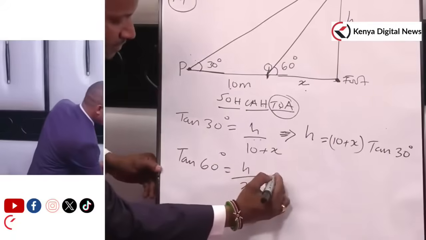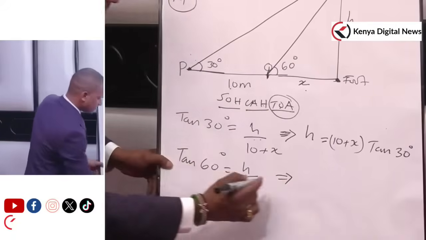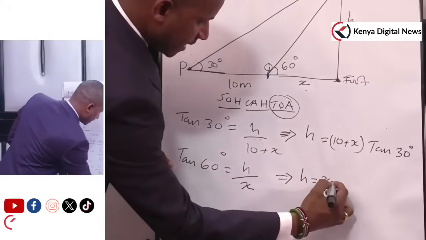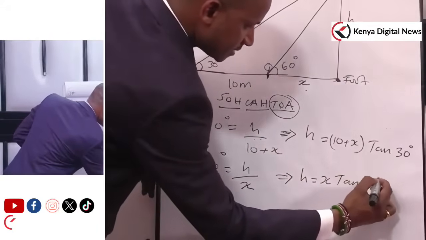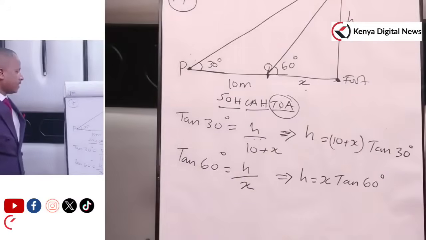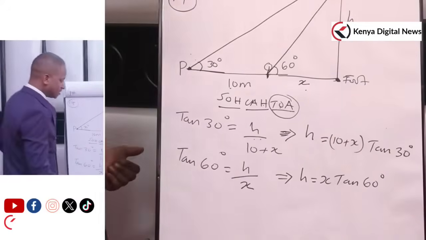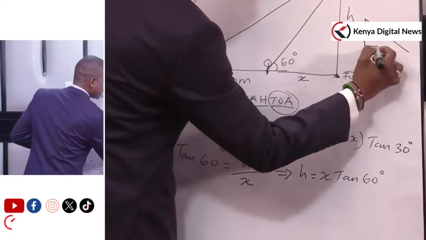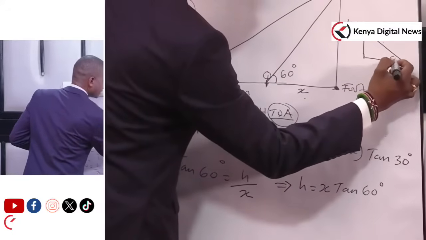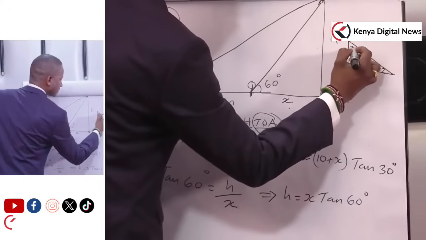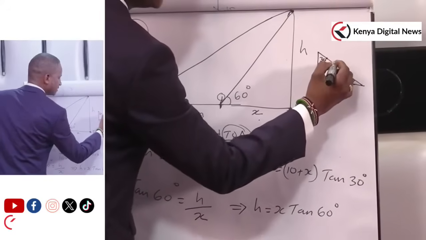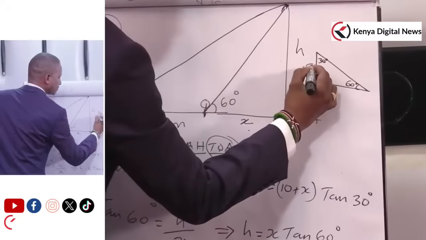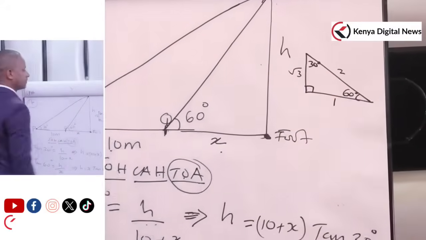Then at the same time here, I cross multiply, I get H equals X tan 60 degrees. But from our identity triangle, I'm drawing it here, if this is 60, this is 30, I already did it, this is root 3, this is 2, and this is 1.